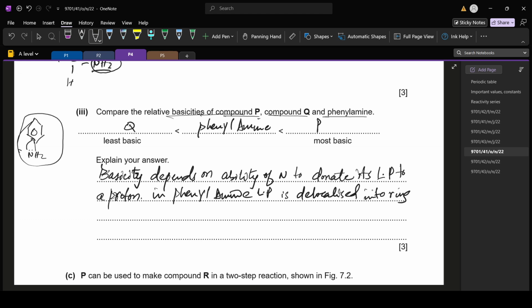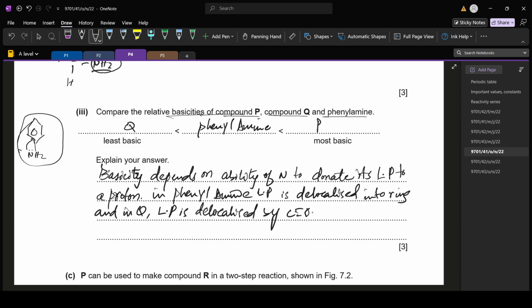In Q, the lone pair is delocalized by the carbon oxygen double bond, the carbonyl group.